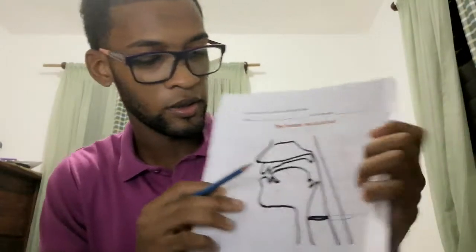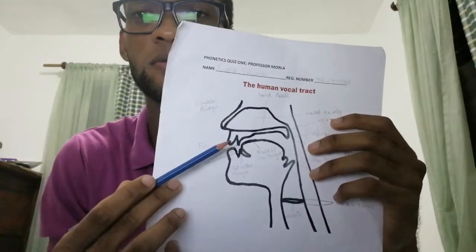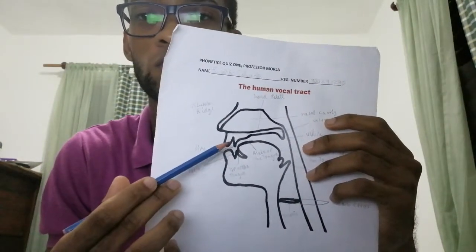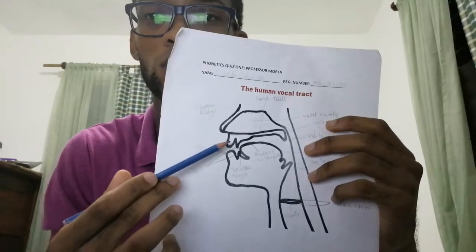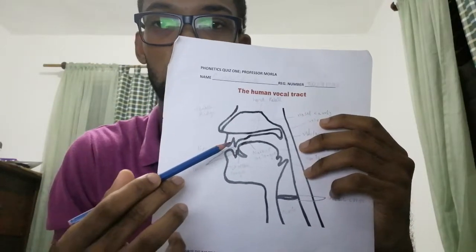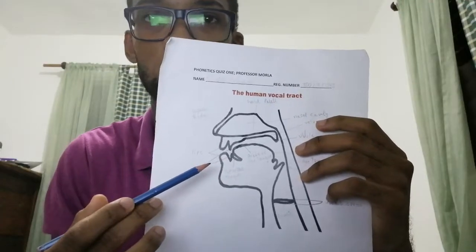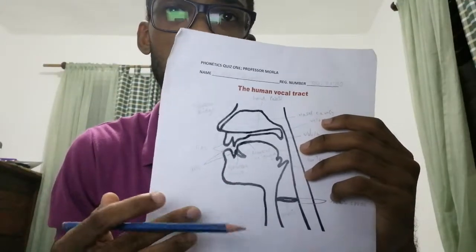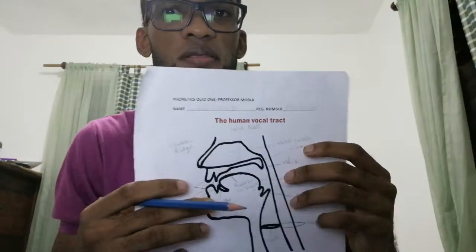The teeth also interact with the tongue in interdental sounds. In this part also we have the lips. We have the upper lip and the lower lip. Now the lips are used for creating different sounds, labial and bilabial.